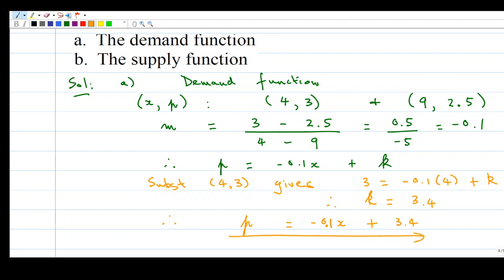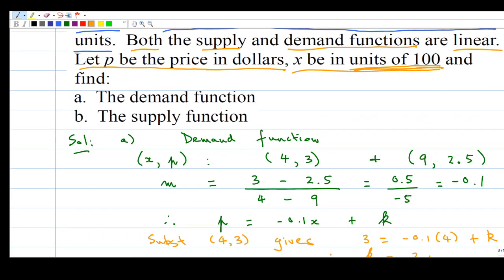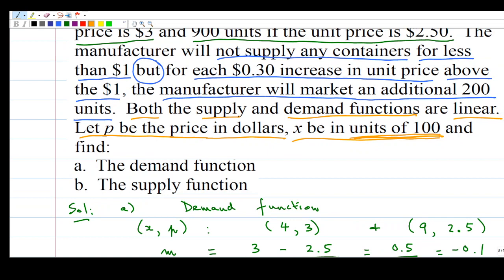Now for the supply function, the second part of the question, we work with the parts in blue. The manufacturer will not supply any containers for less than $1, but for each $0.3 increase in unit price above $1, the manufacturer will market an additional 200 units.